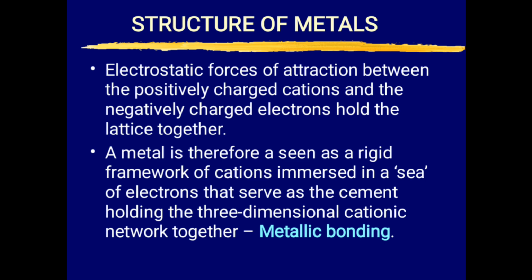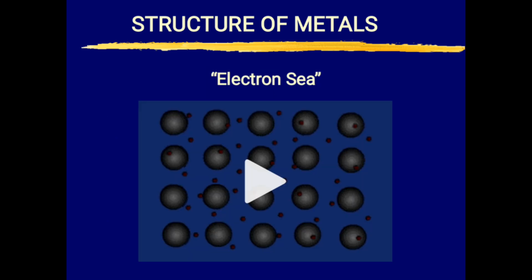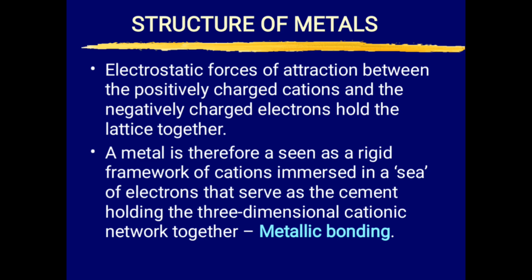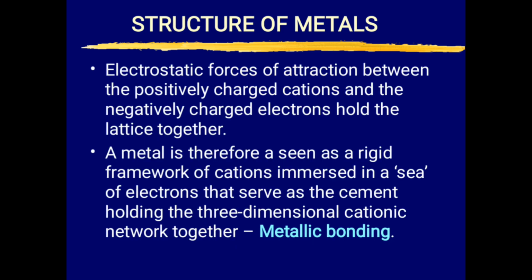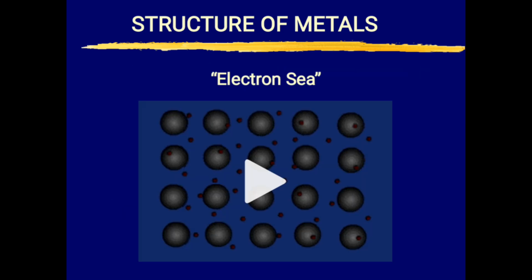Like we have described, in the structure of metals, you have the positively charged cations, and they are surrounded by these small balls, which are called the electron sea, the negatively charged electrons, and these are the two that hold the crystal lattice structure of metals together.